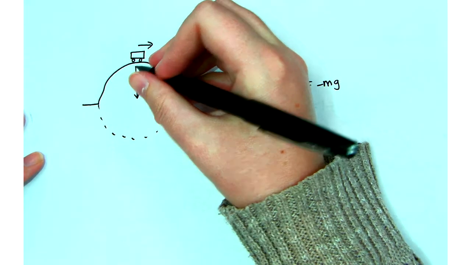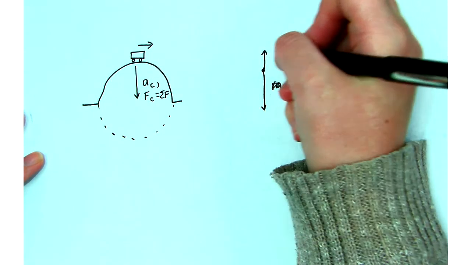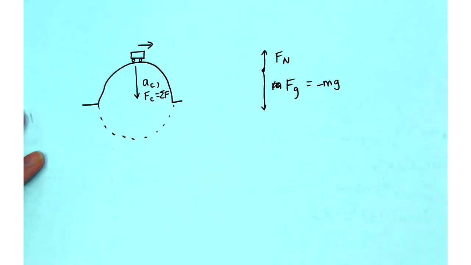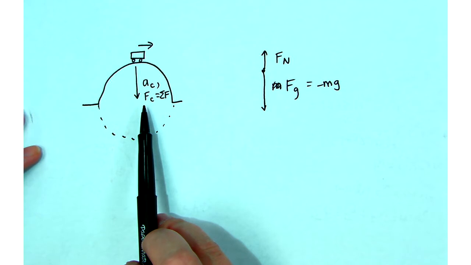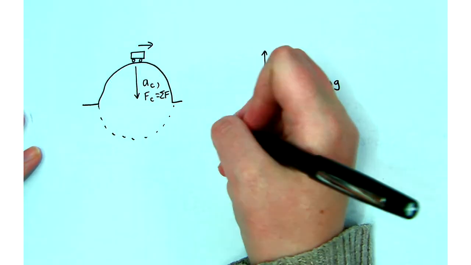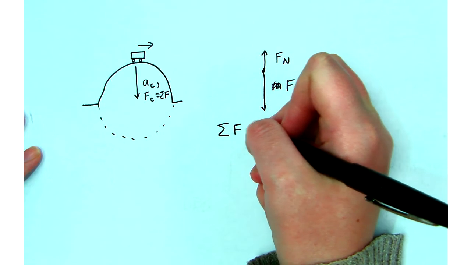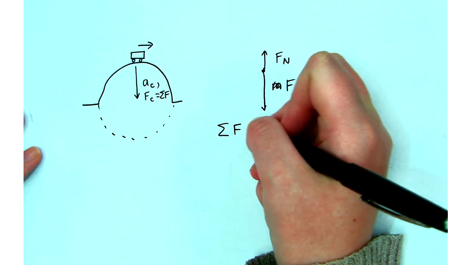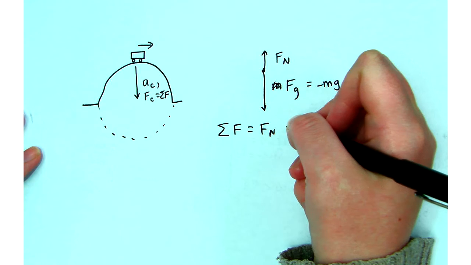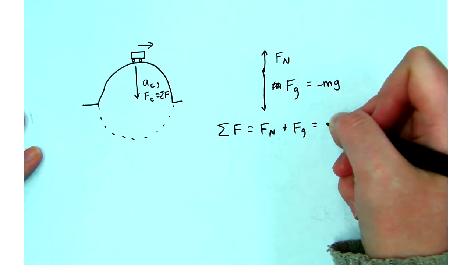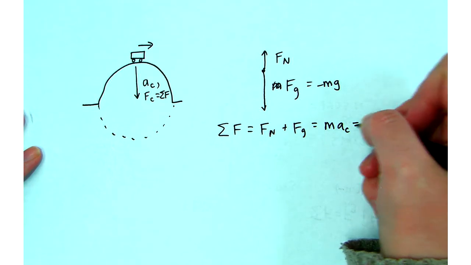All right, so I need to have excess centripetal force towards the center for this. So when I do this, my net force is going to be equal to the normal force plus the force of gravity, and that's still going to equal mass times centripetal acceleration, which is mv squared over r.